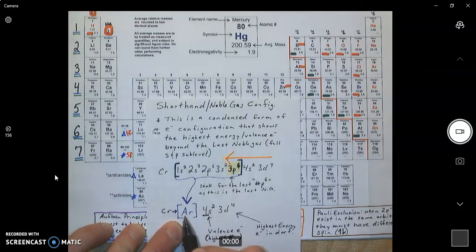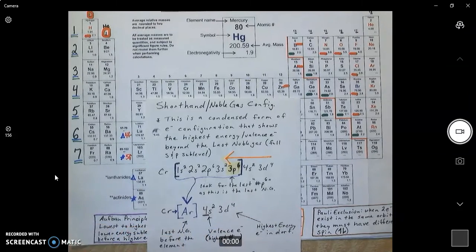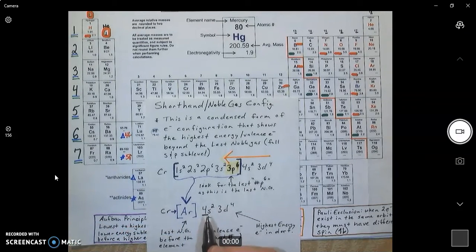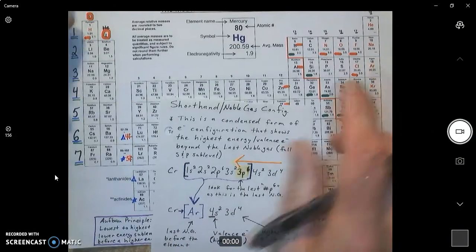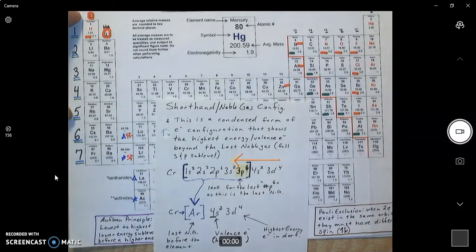So chromium is argon and 4s2, 3d4. You do write the previous noble gas in brackets, and then everything beyond that, in whatever the last row of the table is that you went through.